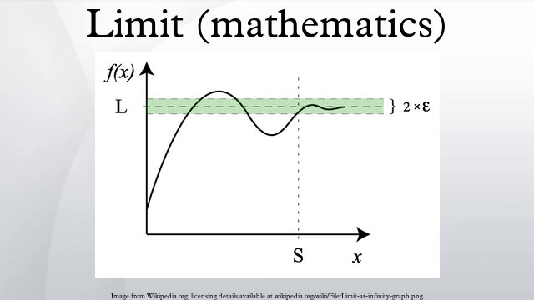Limit as standard part. In non-standard analysis, the limit of a sequence can be expressed as the standard part of the value of the natural extension of the sequence at an infinite hypernatural index n = H. Thus, here the standard part function st rounds off each finite hyperreal number to the nearest real number.